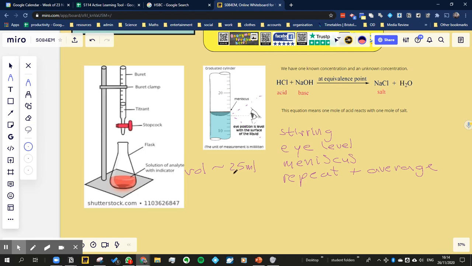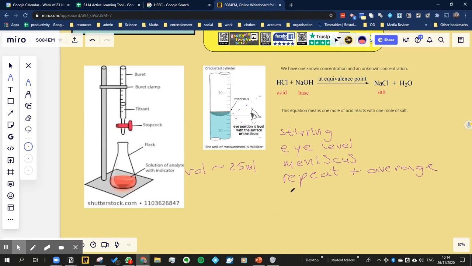So when we do it to get our accurate measurements, we speed up until we get to around 24, 24.5 maybe, and then we slow it right down. We drip, lots of stirring, because we know that the true value is around 25. So there's no point going really, really slowly for the first 10 milliliters. We're just going to run out of time and not get enough measurements.